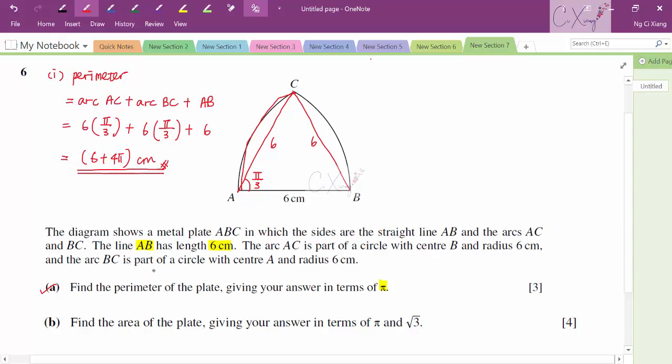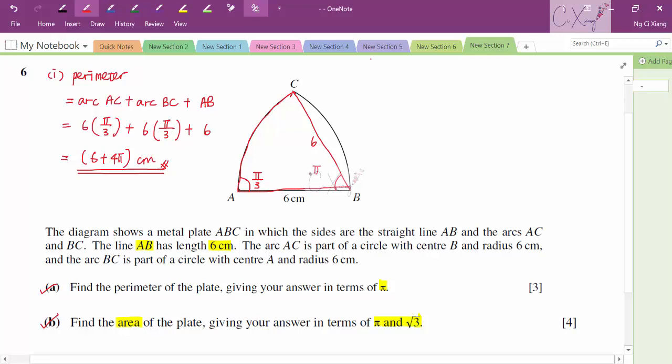Alright, now for the second part, they ask us to find the area of the plate, and our answer must be in terms of pi and root 3. Okay, so to find the area of the plate, generally there are a few ways that we can do that. Maybe for me, what I can see is I'm trying to use the area of this particular sector.